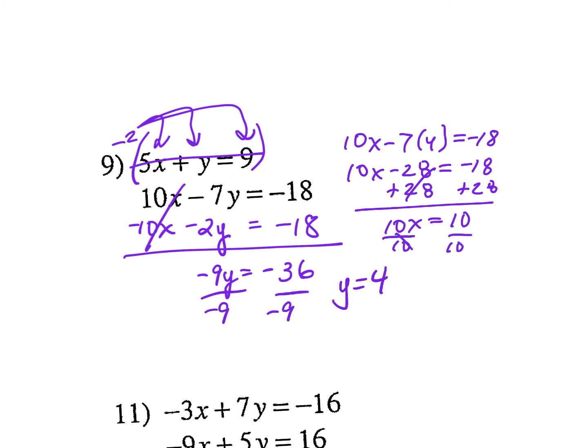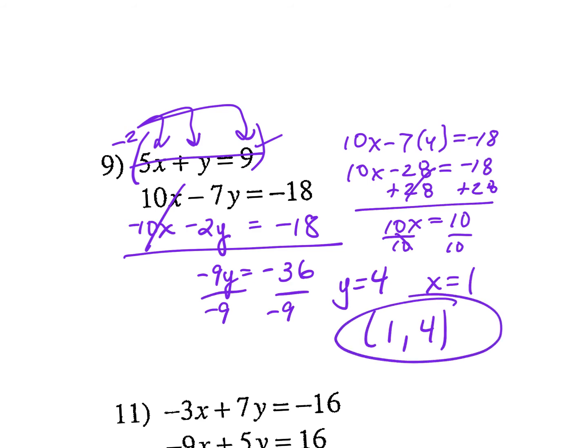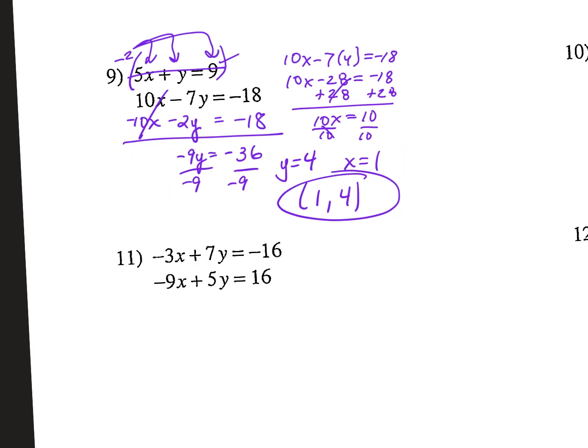Divide both sides by 10, and x equals 1. So I have 1 comma 4, and I go back and check. What's 5 times 1? 5 plus 4, 9. Works. 10 times 1 is 10, minus 7 times 4 is 28, equals negative 18. Works. Takes 2 seconds to check. Yep. All right, we're running out of time here.